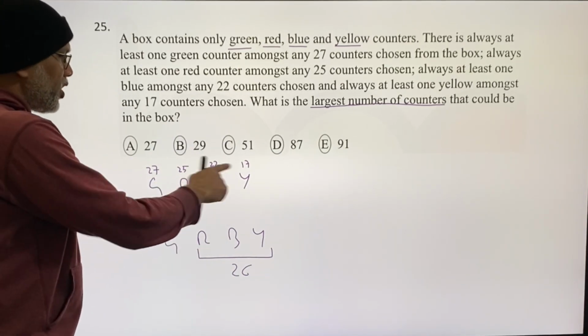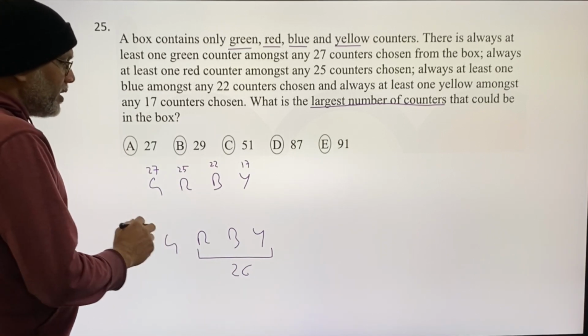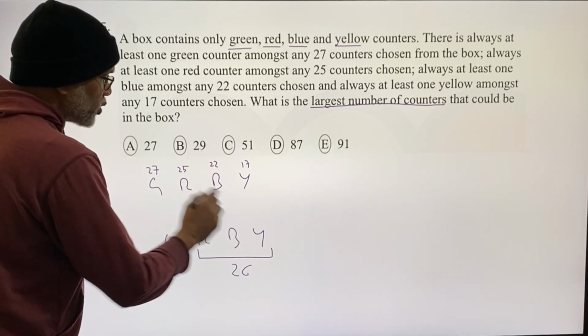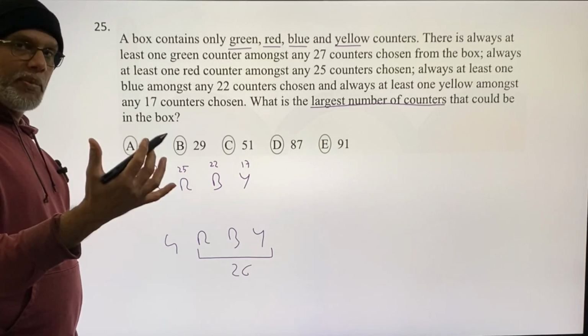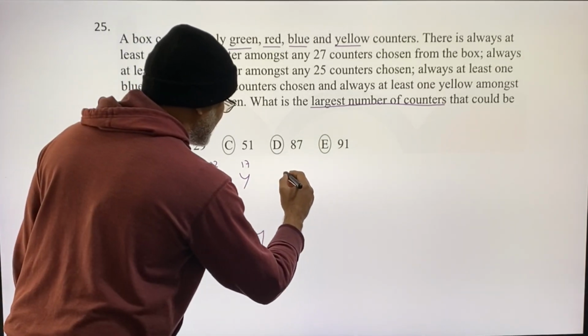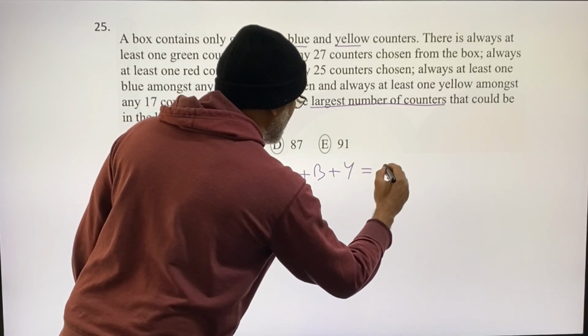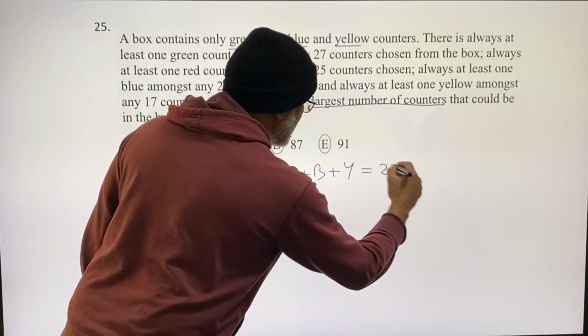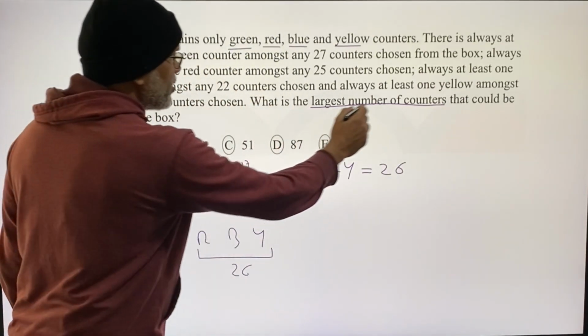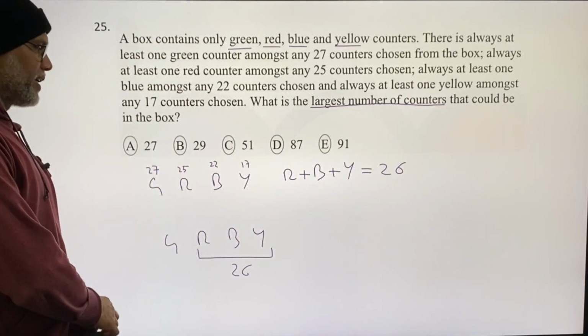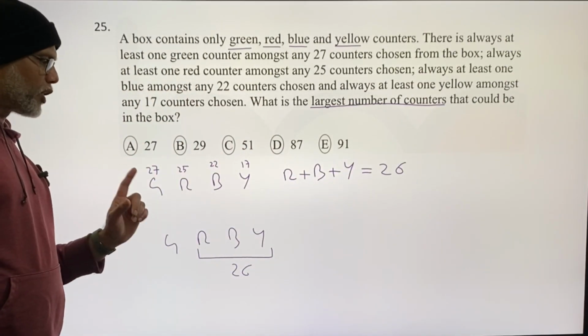Similarly, we can do it for the other colors. So R plus B plus Y, the maximum there can be is 26. So let me write that down: R plus B plus Y. The maximum that can be there is 26, and we want to find the largest number of counters. Again, try to think about it one more time.